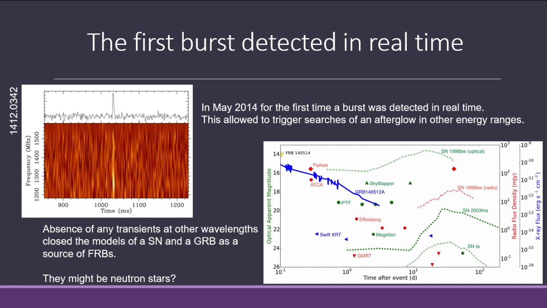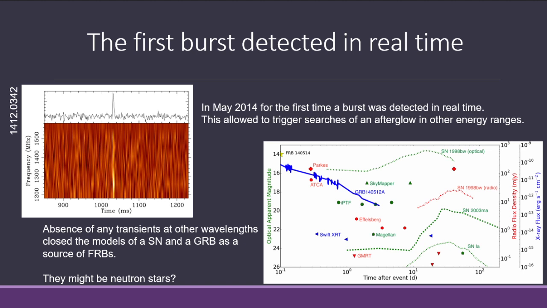Nobody looked particularly in these directions before, when this archival data was taken. But in May 2014, for the very first time, a burst was identified online. It was identified very rapidly, and it was possible to trigger follow-up observations. And this was very important.